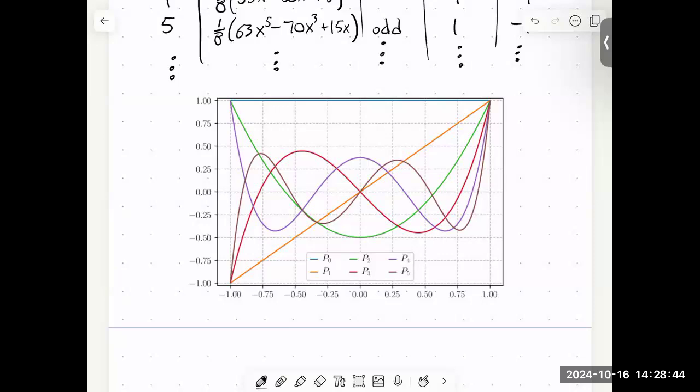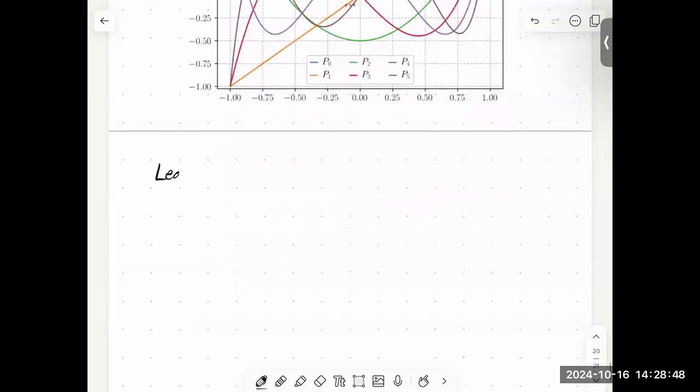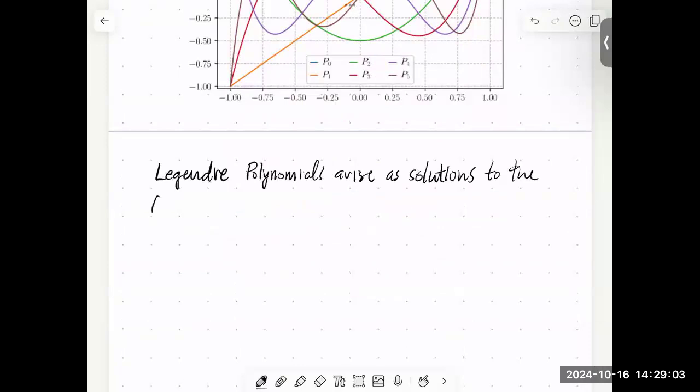So what else could we say about these polynomials? Legendre polynomials arise as solutions to the following differential equation. I'm going to show you another way we can get them as well.